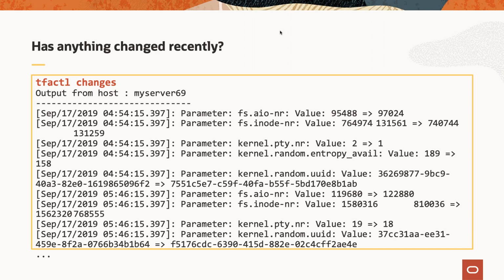All you have to do is run this command, and it tells you everything on your machine that has changed. It can help you troubleshoot and fix problems a lot faster and more effectively. This is called tfactl changes, and this is already present on your box.